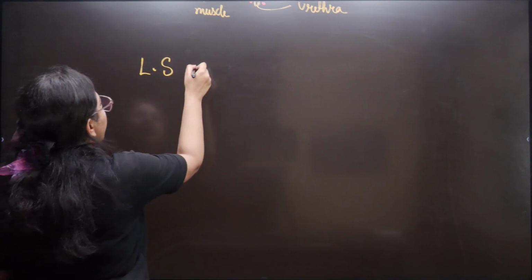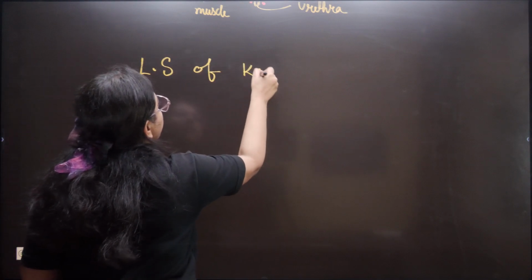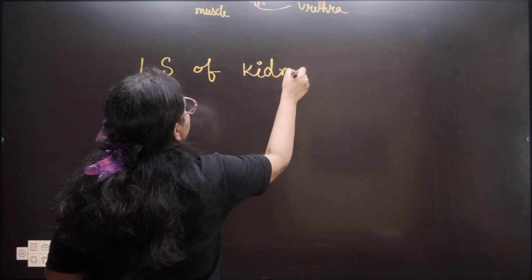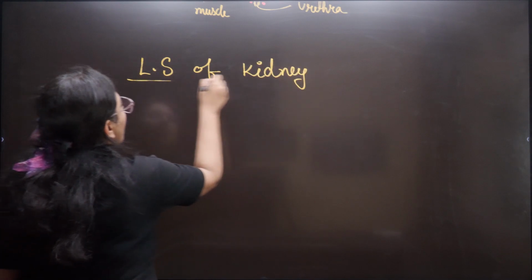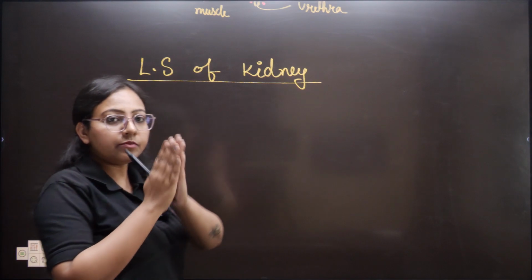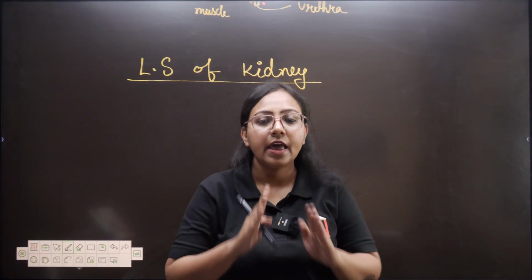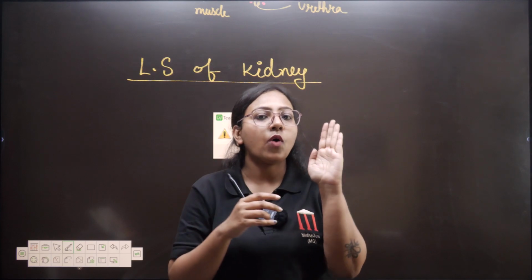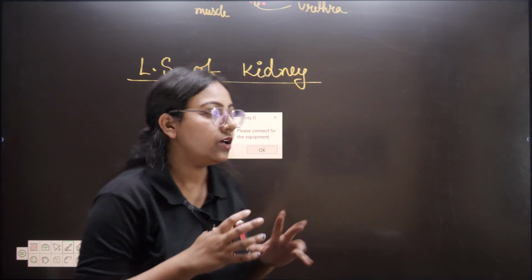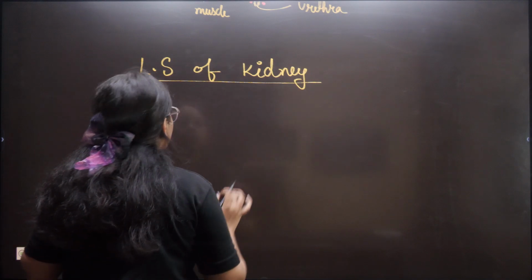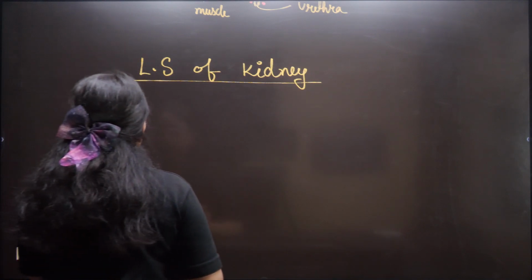So LS of kidney. LS means longitudinal section. Longitudinal section means if something is like this, we cut it lengthwise, and then those two parts become one part. On this side we are going to see what is inside. So that is the longitudinal section of the kidney. So let's draw the kidney first.